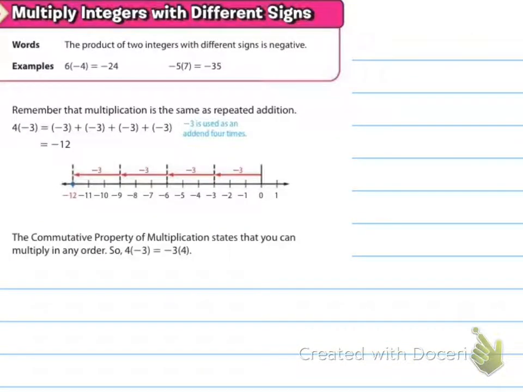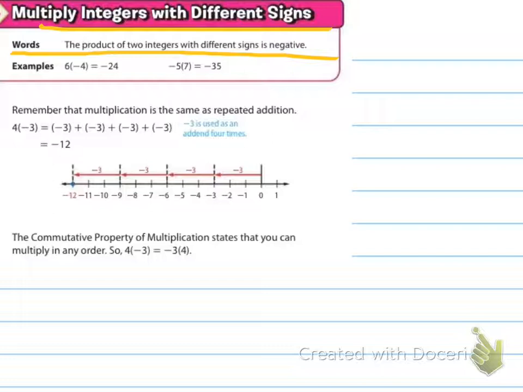So multiply integers with different signs, and I want you to write this down. Write down the title that says multiply integers with different signs, and then the words: the product of two integers with different signs is negative. Okay, you've got different signs, then it's going to be negative. So if you have a positive times a negative, it makes a negative.